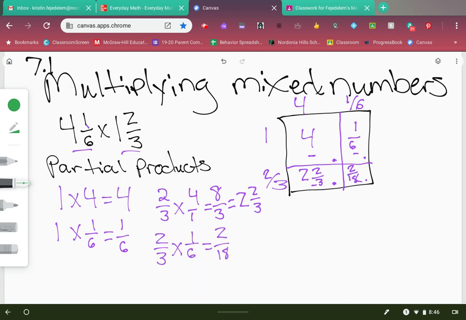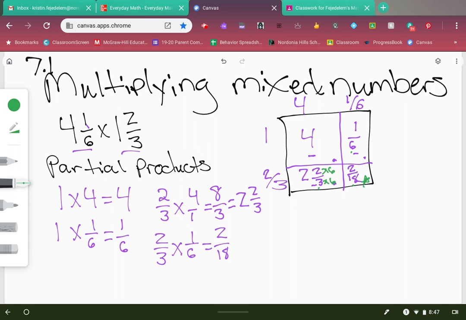So our last step is to add them all together. But it's not that easy to add these together because look, I have 3, I have 6, and I have 18. But if you remember, if you look in this bottom box, 18 can be our common denominator. Because I know if I multiply 3 by 6, I get 18.